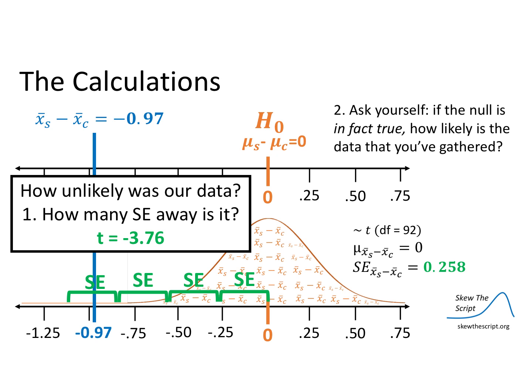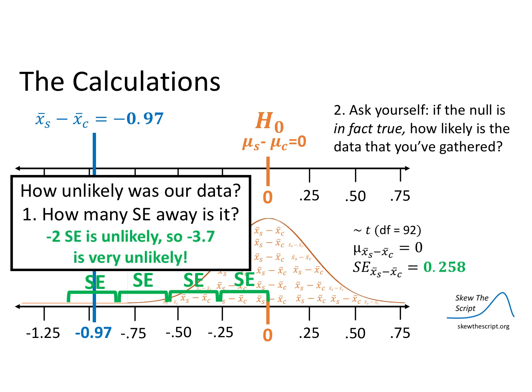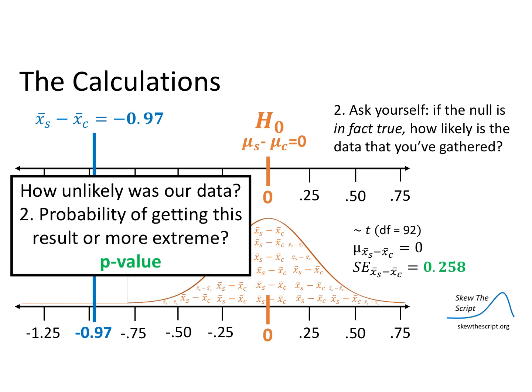So we are negative 3.76 standard errors away from the center. Negative 2 standard errors we have deemed very unlikely. So negative 3.7 is extremely unlikely. Now we can discuss the probability of getting this result, or more extreme, with the p-value.